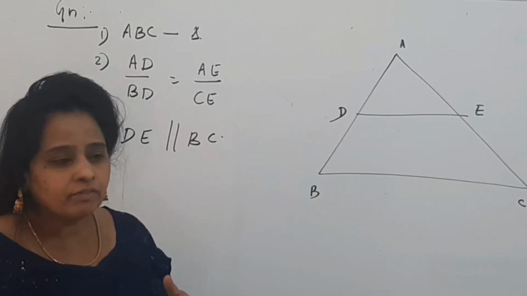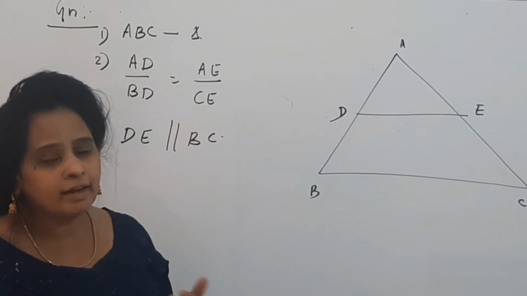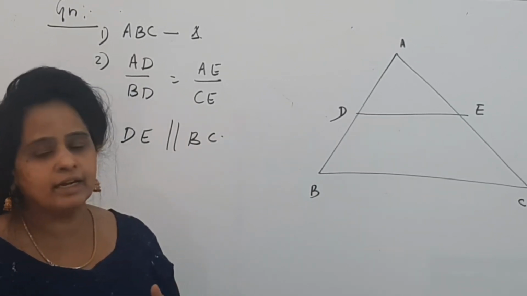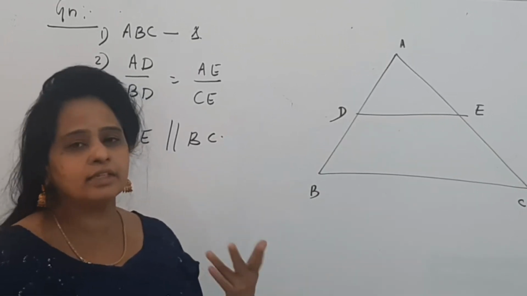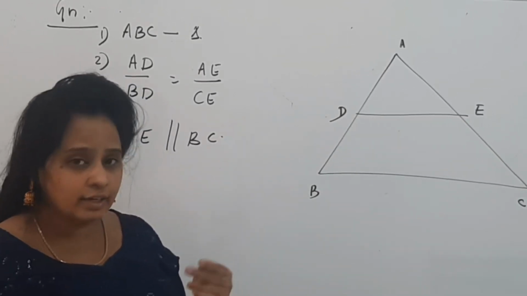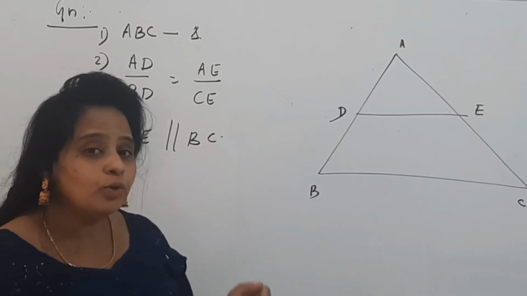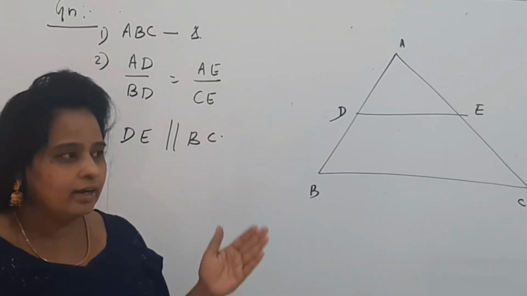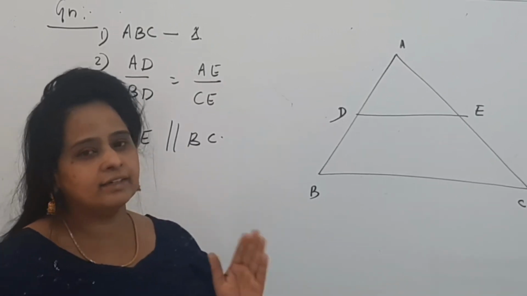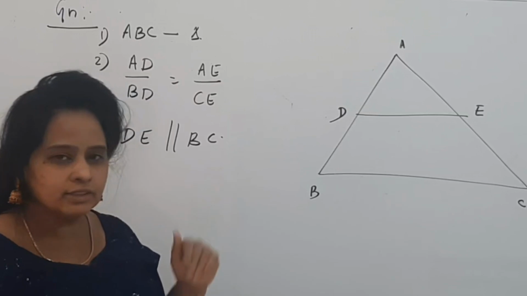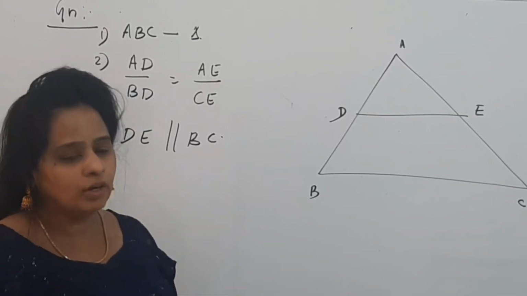You must have done this in real numbers, the first chapter. Prove that root 2 is irrational, or root 3 is irrational, root 5 is irrational. So let us assume the contradiction. Suppose root 2 is rational. Hope you get to connect that statement. So we are going to prove in this way only, using the contradiction.